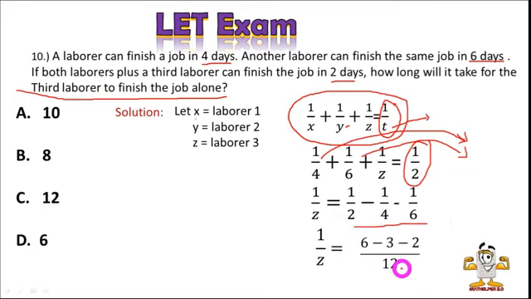So 12 divided by 2 is 6. 6 times 1 is 6. 12 divided by 4 is 3. 3 times 1 is 3. 12 divided by 6 is 2. 2 times 1 is 2. So 6 minus 3 is 3. Minus 2 is 1. 1/12. So laborer 3 can finish the job in 12 days.